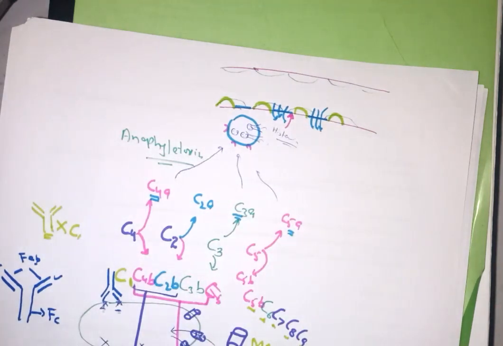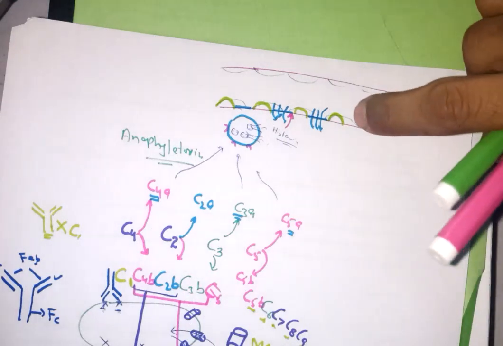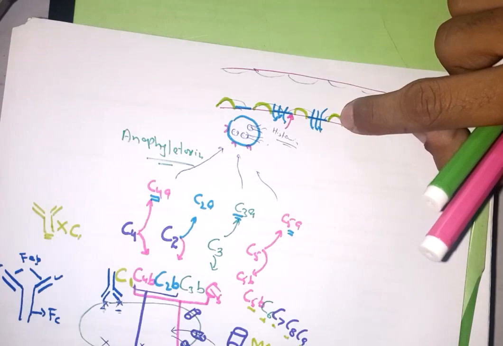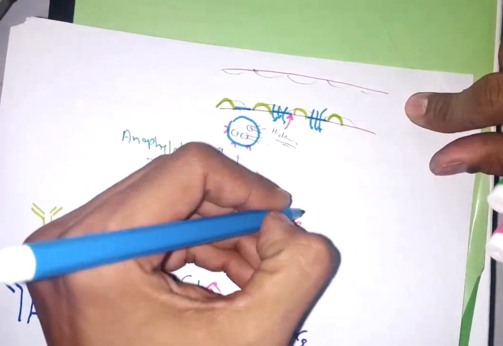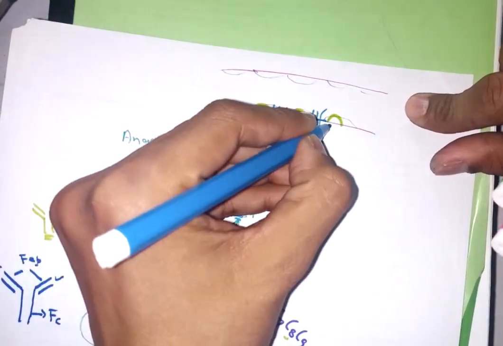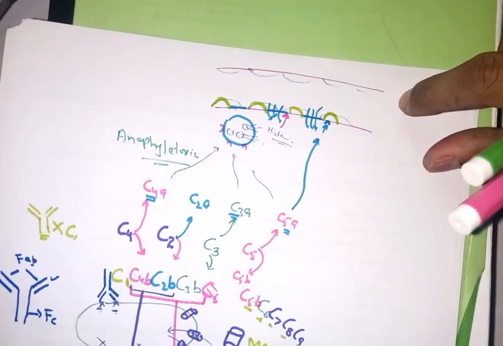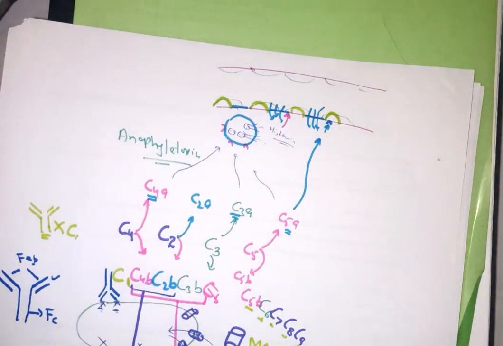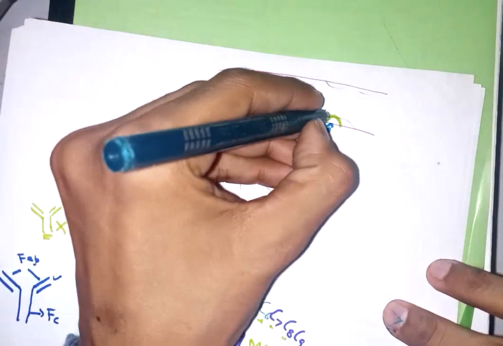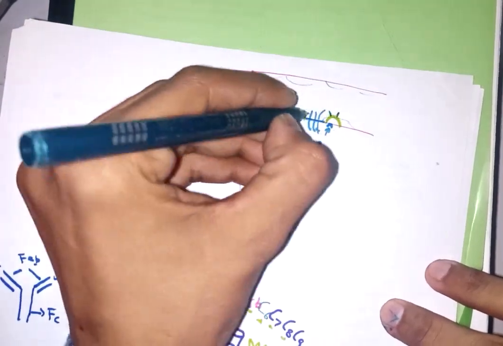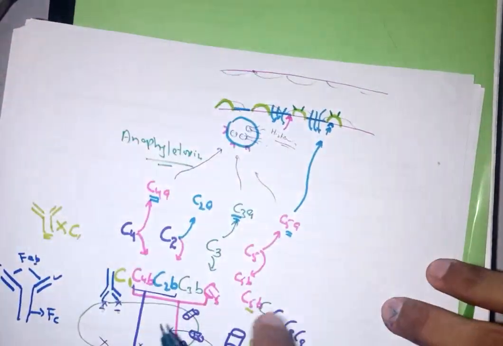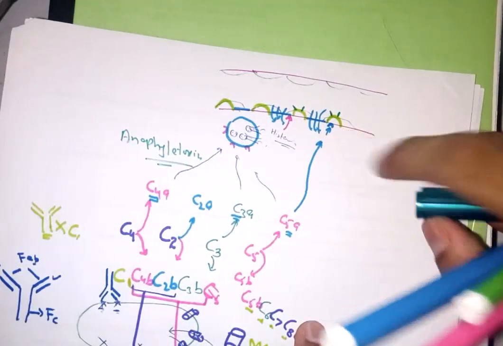Some other very important function is of the C5a. C5a also has a receptor on these vascular endothelial cells. When the C5a goes and acts on this receptor on the endothelial cell, what will happen? Some important proteins will appear on the endothelial cells once the C5a binds to its receptor.